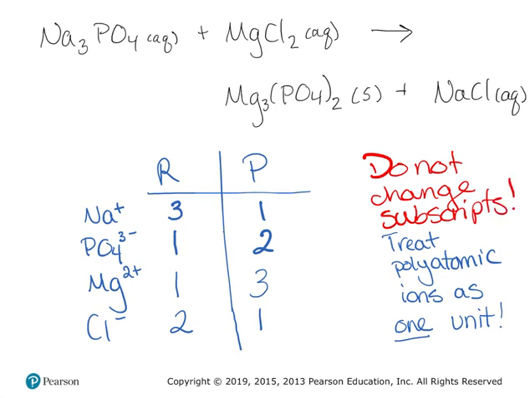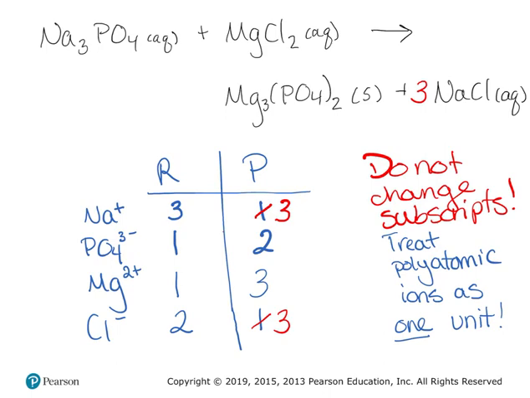So the subscripts are how we balance the ionic charges, and then the coefficients are how we balance the molecules and their atoms. So they're different. All right, so let's start with the sodium ions. We need 3 on each side. So I'm going to put a 3 in front of NaCl. So that's going to give me 3 sodium ions in the products. But I'm also multiplying the chloride ions by 3.